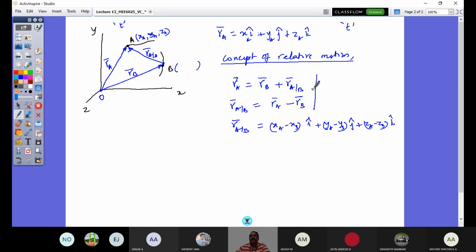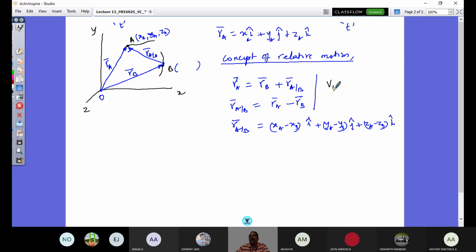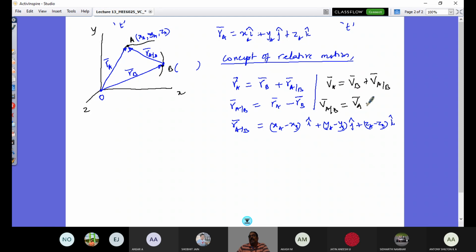This equation can be written for VA vector as equal to VB vector plus VA with respect to B vector, like this. And similarly, velocity of A with respect to B is VA vector minus VB vector, right? So you see this equation is the relative velocity vector.